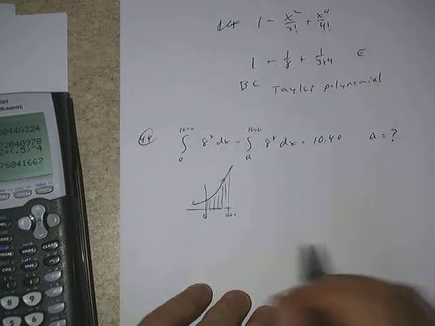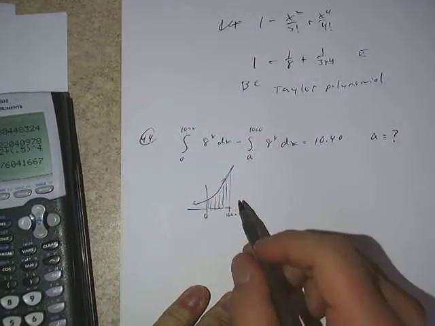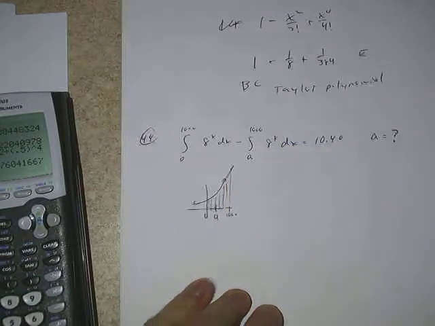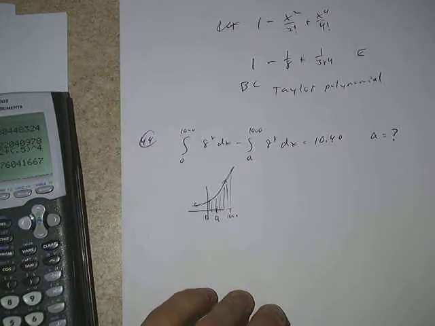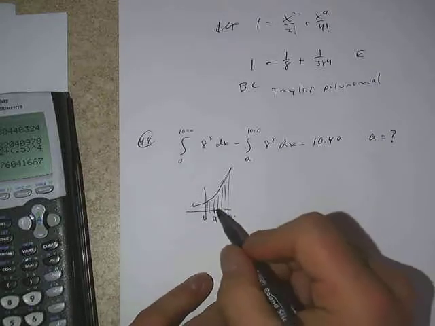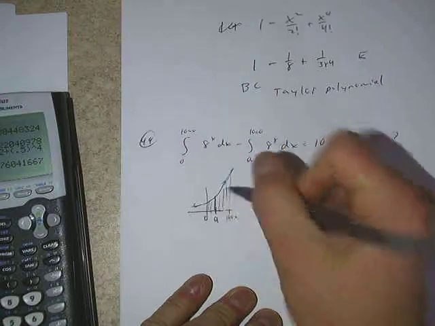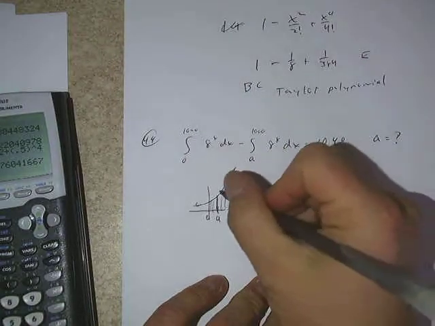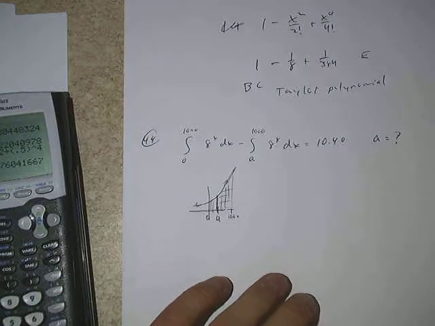Alright, so first thing I want to decide here is with the setup that we have here, we're looking at this function 8 to the x, which we know is just an exponential function. Right? And if we go from 0 to 1,000, let's say that this is our picture. That would be that area right there, wouldn't it?